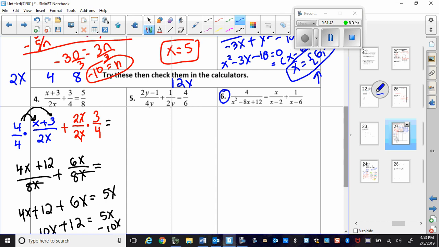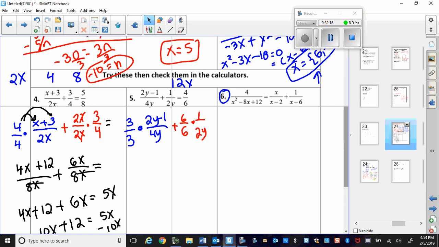In order to produce 12y on the first fraction, I need to multiply by 3 on the top and the bottom. So 2y minus 1 over 4y, right? Now, how can I produce 12y with 2y? You need to multiply by 6 over 6 times 1 over 2y.